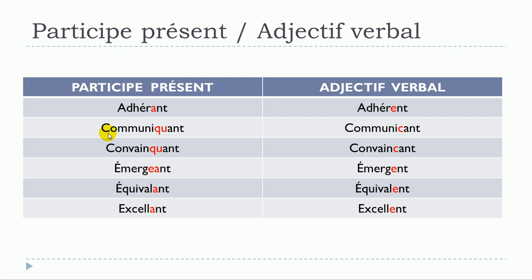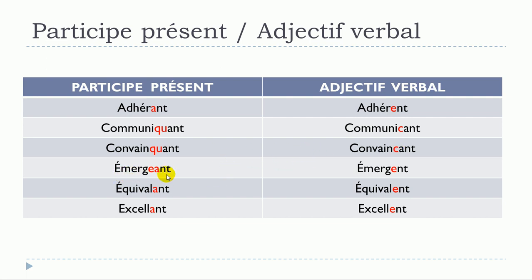Same thing here: communicant and then communicant. Here, participe présent, QU, and then adjectif verbal, C. Then convaincant. Same thing here: QU, adjectif verbal, convaincant, C. Phonetically, they are the same.